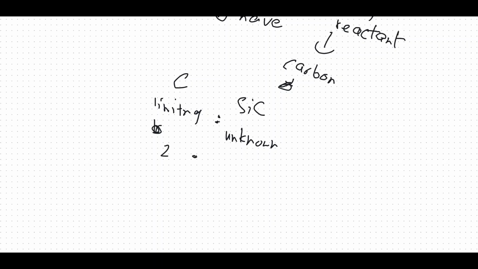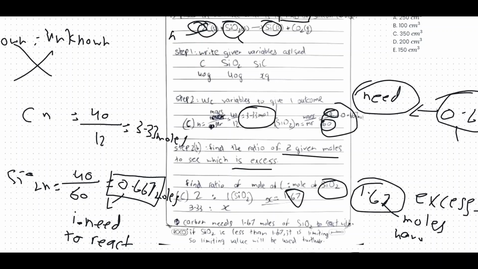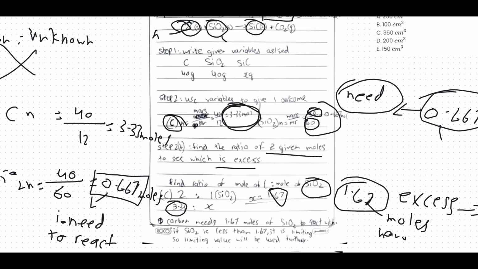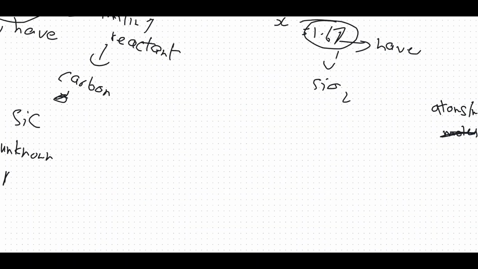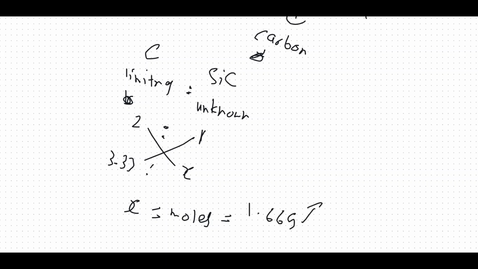The coefficient of the unknown is 1. The moles of limiting reactant I'll use is 3.33, because in step number 2, I found it's 3.33. So I cross multiply, and 3.33 divided by 2 is 1.665. This is the number of moles of silicon carbide.